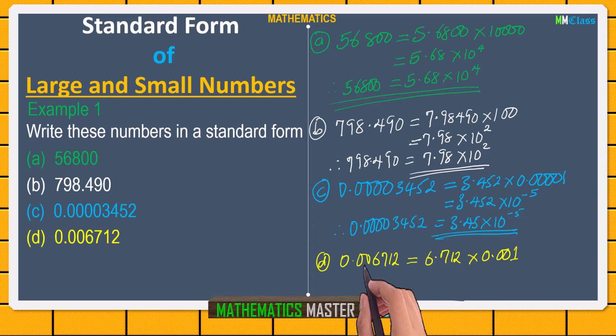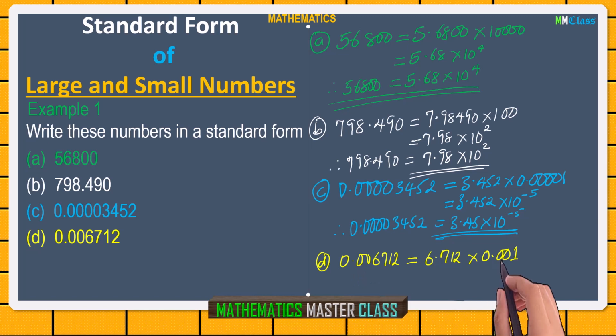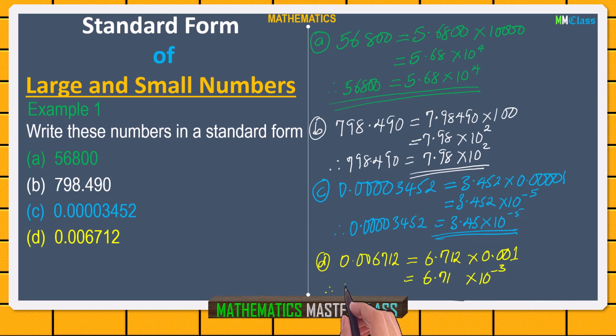So we have moved the point 3 times, 1, 2, 3, or we have 3 leading zeros here, so we must have the same 3 leading zeros here. So this will be equal to 6.712 times 10 raised to the power of minus 3 this time because it's a small number. Therefore 0.006712 will be equal to 6.712 times 10 raised to the power of minus 3. So this is our final answer here.